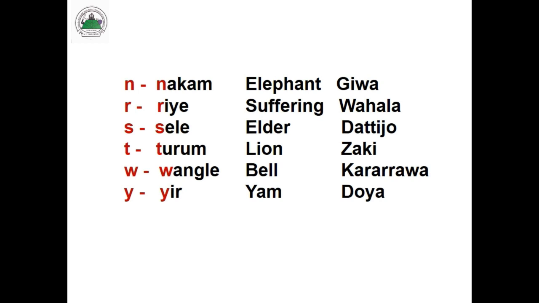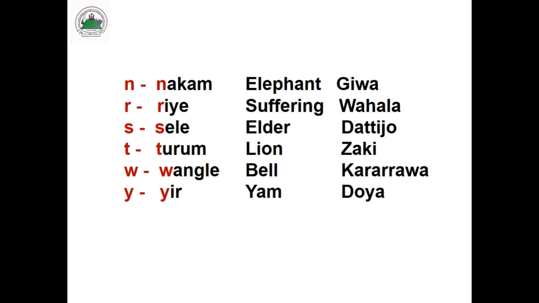So you bring the tip of the tongue, not really touching the roof of the mouth, and as you force air out of the mouth, the front of the tongue does vibrate and it forms this sound. So the example there we have is rie. It is pronounced rie, which means suffering in English, wahala in Hausa.